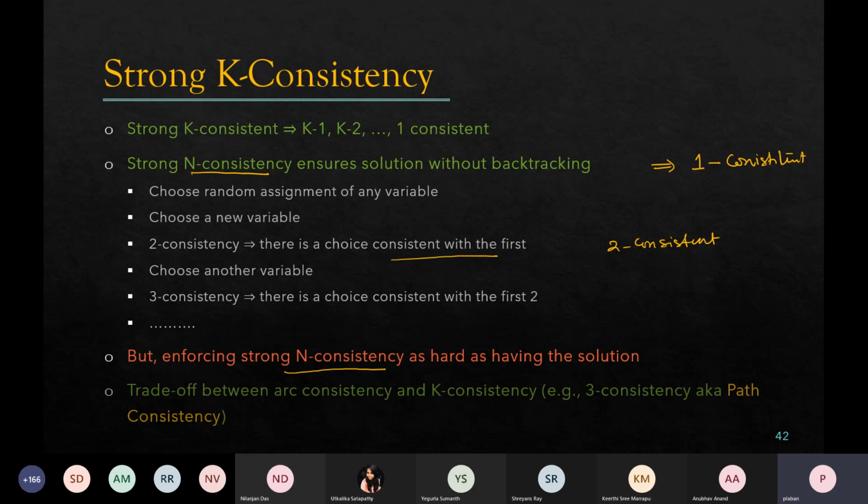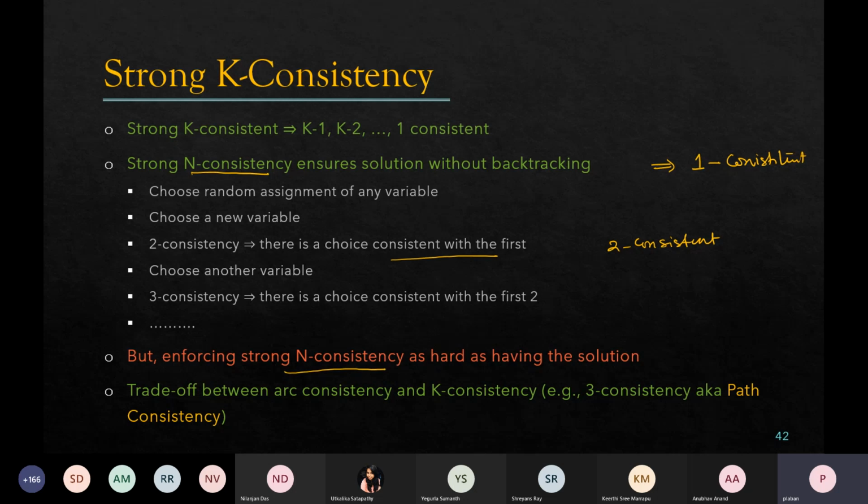We hit a middle ground. We do a trade-off between our consistency and three consistencies. For example, we try to make the problem strong three consistent. If we do that, we may not ensure that we do not have any backtracking, but the amount of backtracking that we have to do may be less.